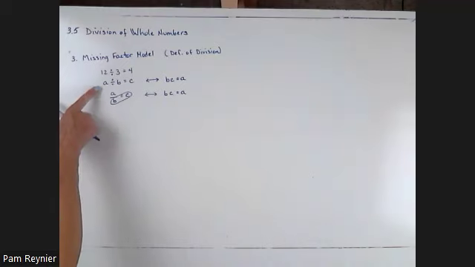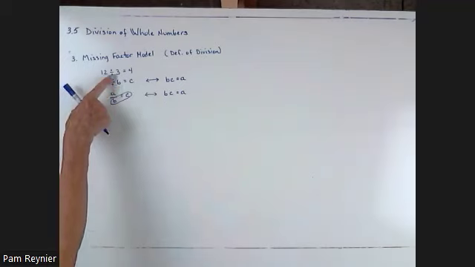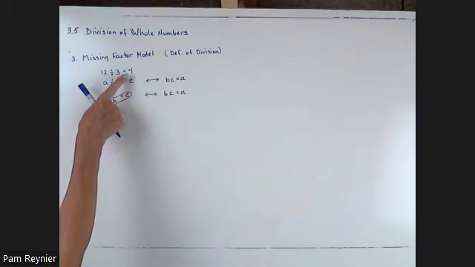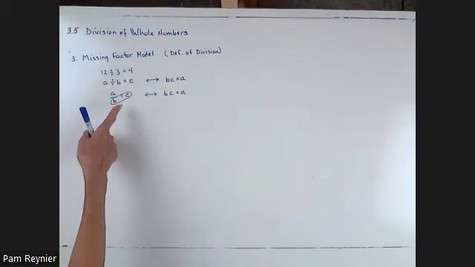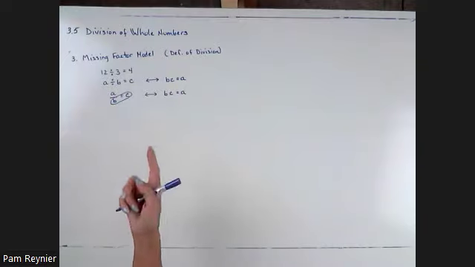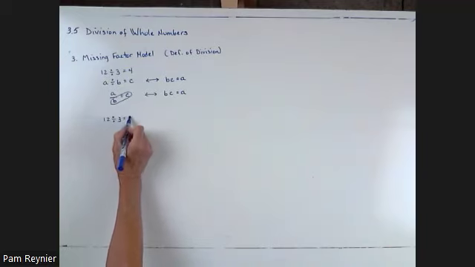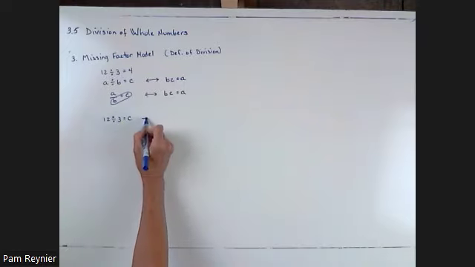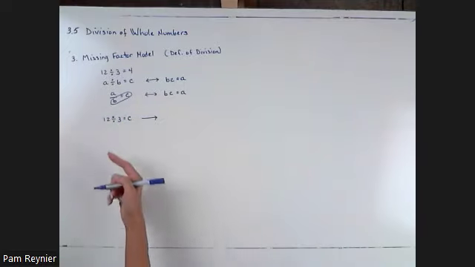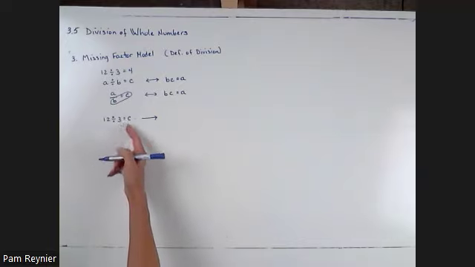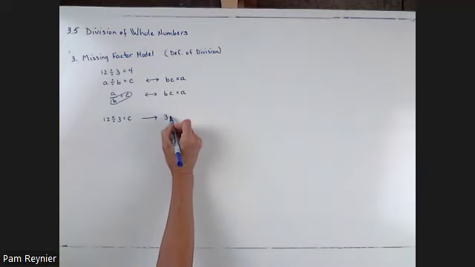So if I now know that the A is 12 and the B is 3 and the C is 4, okay, well, I have the answer here, but let's do this. 12 divided by 3 equals C. I can write this as, by definition, 3 times C equals 12.